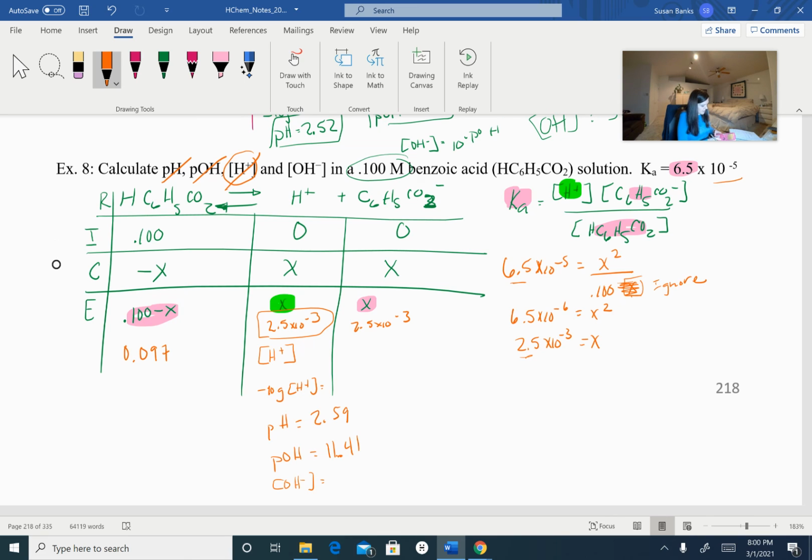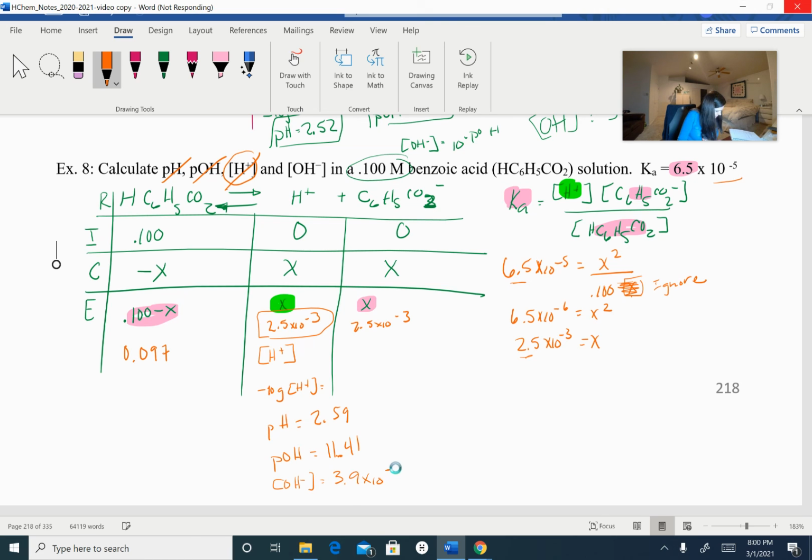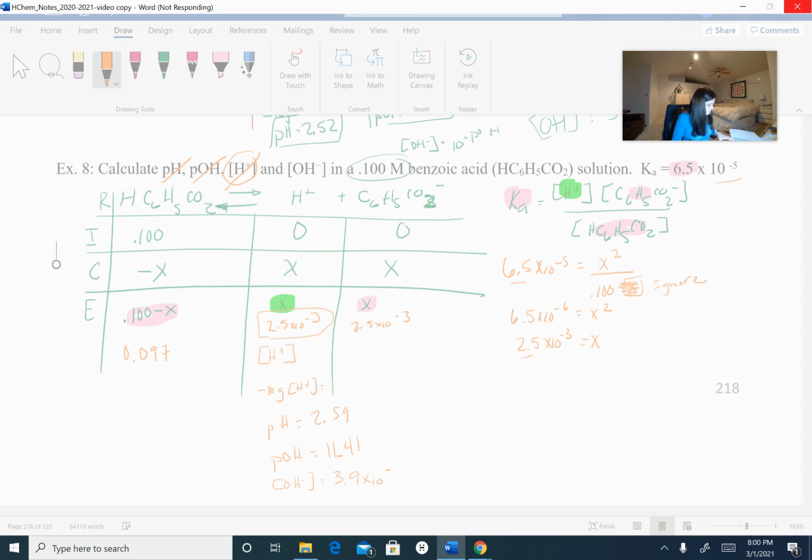So 10 caret key negative answer. That gives me, really 2 sig figs, 3.9 times 10 to the negative 12.